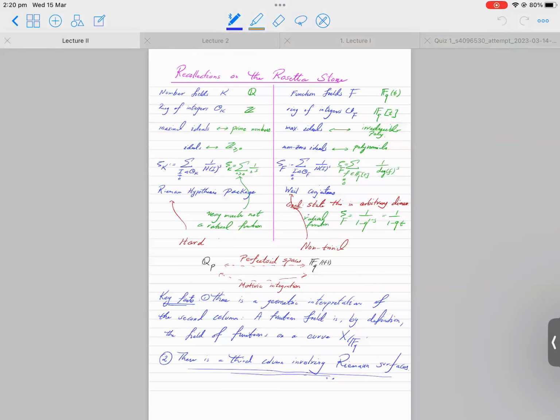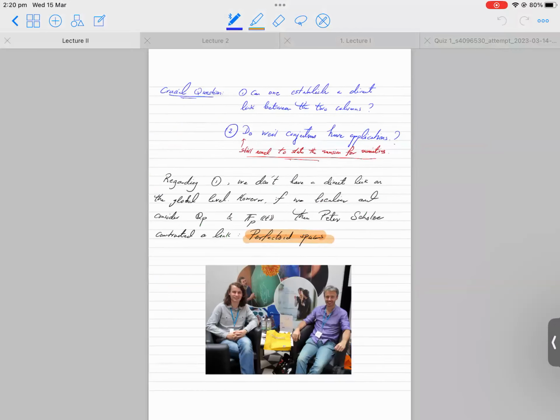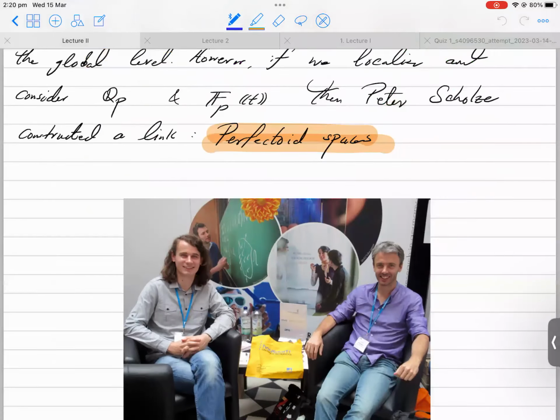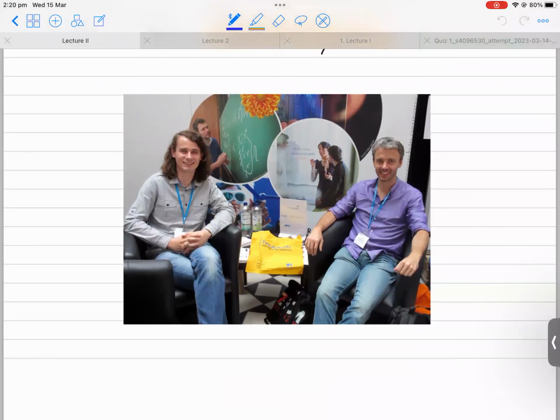Maybe I'll show you a picture of Peter Scholze. Here's Peter with another one of our favorite mathematicians, Geordie Williamson. I have a nice story of meeting Peter. I was in Chicago at the time. I'd finished my PhD, had left for a postdoc, and came back to give a talk.